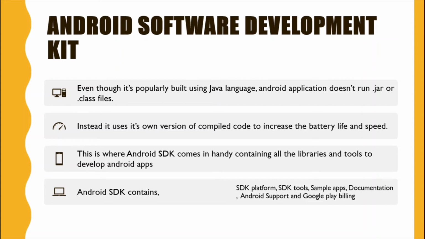The SDK also contains some components like SDK tools. These tools are used to debug and test your applications, sample applications, documentation where you can get information about the components in the SDK, and support services and Google Play services. The Google Play services are used if you're developing some billing services into your applications.